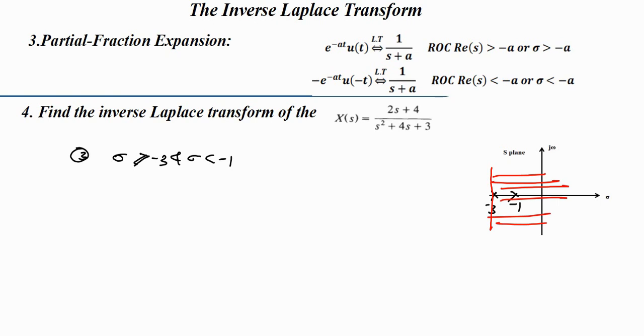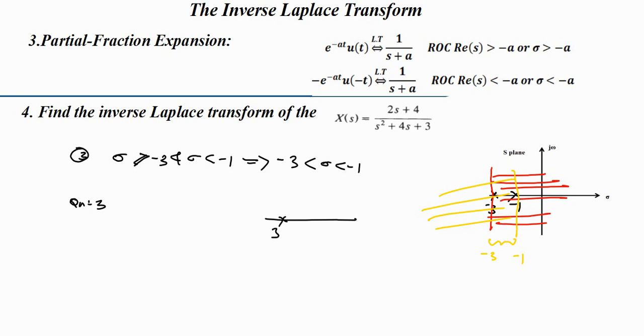The other one, less than minus 3, means towards the left. So both signals converge from minus 3 to minus 1. I can reduce this to minus 3 less than sigma less than minus 1. So this is question 3. The ROC is between minus 3 and minus 1. This is the sigma axis, this is the j omega axis, and the ROC lies between minus 3 and minus 1.